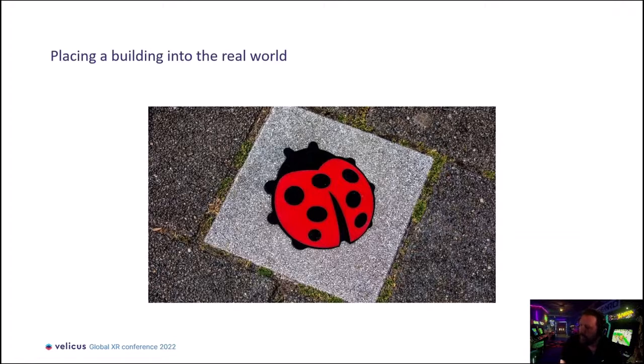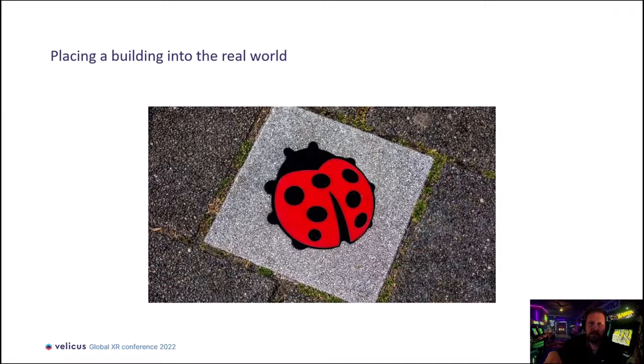To place the building in the real world, we used an obvious spot in front of the building. In this case, there was a tile with a ladybird on top of it in front of the entrance of the theater.